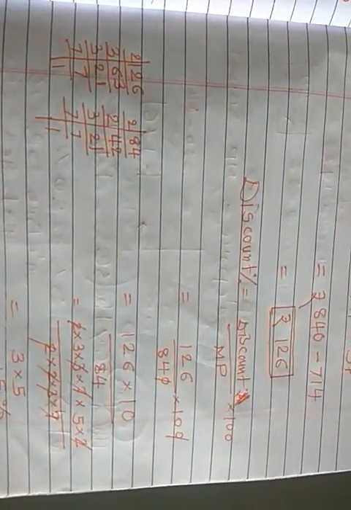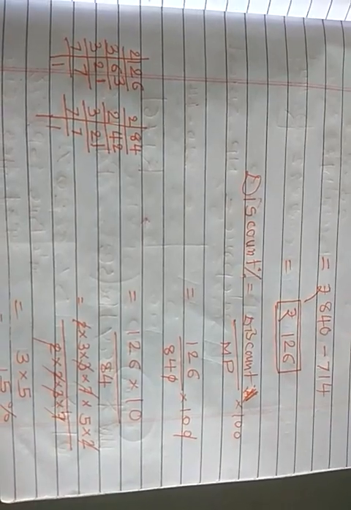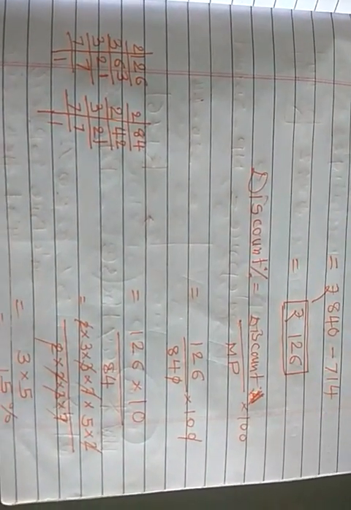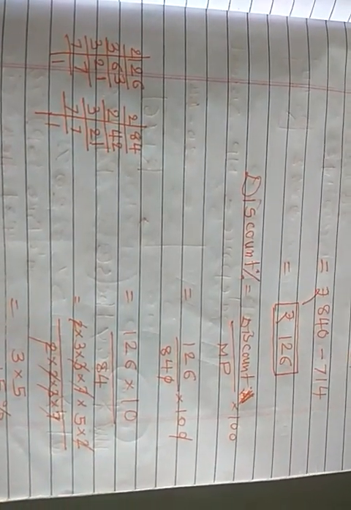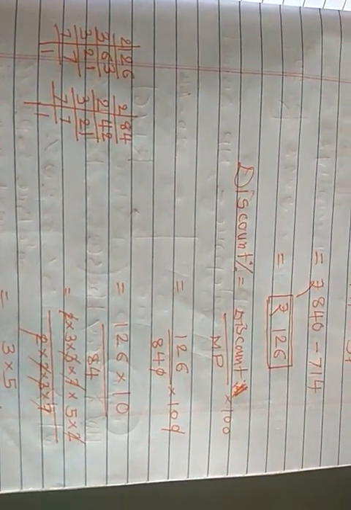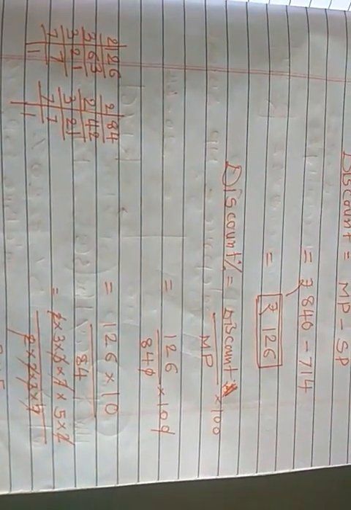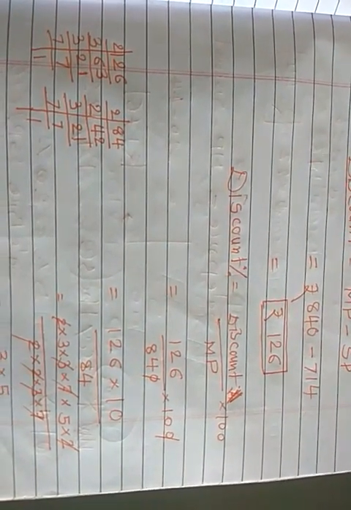If you don't know cancellation, you can also factorize, as we have done in the previous standard. The number here is 126, so do prime factorization. Similarly, factorize 84, and write those factors here. 126 is equal to 2 multiplied by 3 multiplied by 3 multiplied by 7.